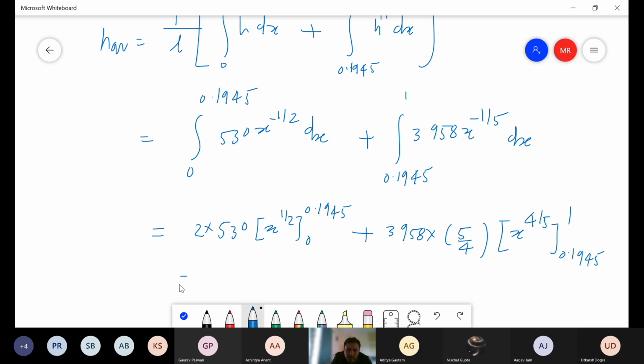If you calculate the values, what you get is 4083 as H average, watt per meter square degree Celsius.